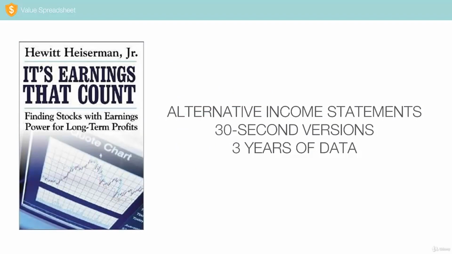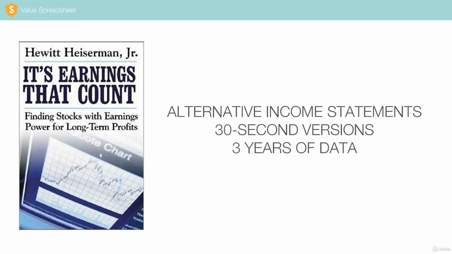Then there is a book written by the financial analyst Hewitt Heiserman called It's Earnings That Count. Heiserman points out the flaws of the current financial reporting system and offers a way to identify earnings manipulation before a stock comes crashing down. He argues that his system would have been able to predict the downfall of Enron and many other manipulators. How?